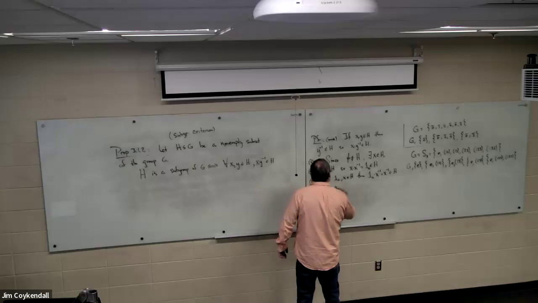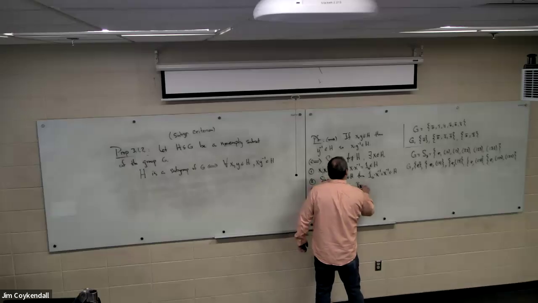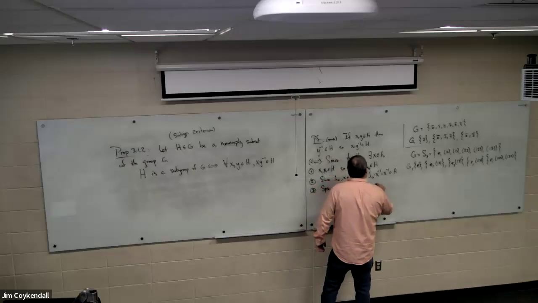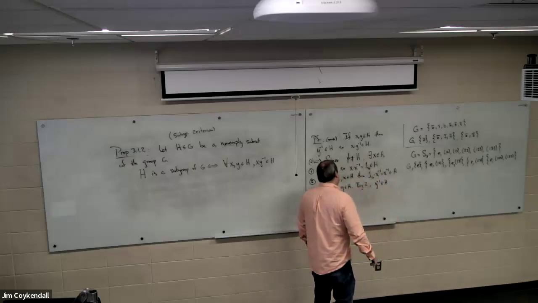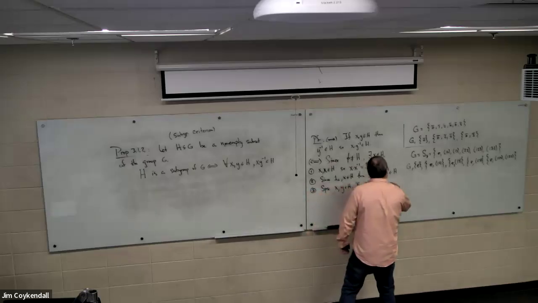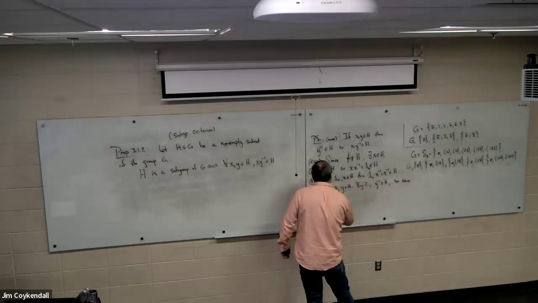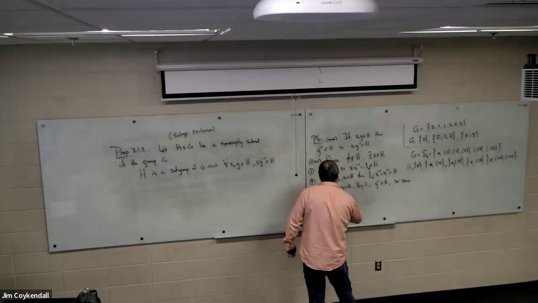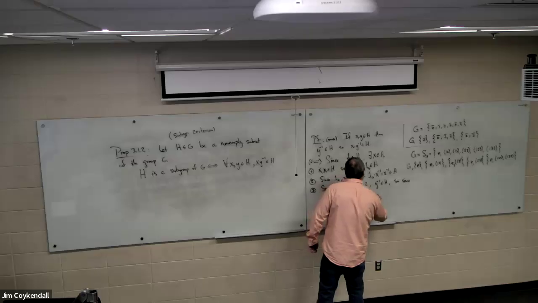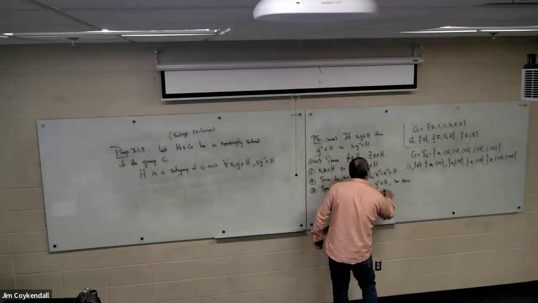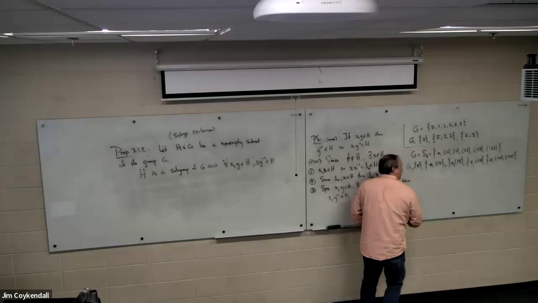suppose X and Y are in H. By 2, Y inverse is in H. So since X and Y inverse are in H, X times Y inverse inverse, which is X Y, is in H. So H is closed.